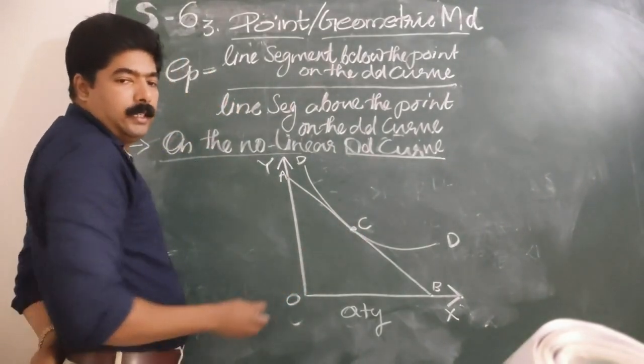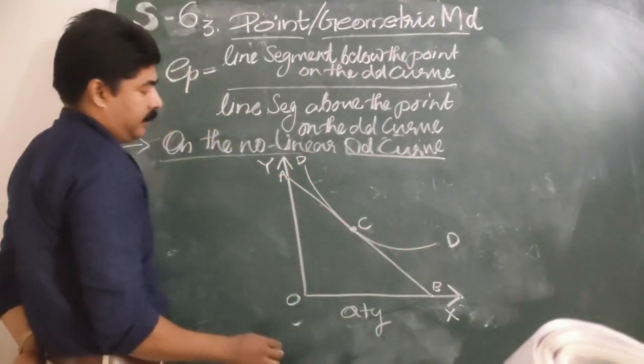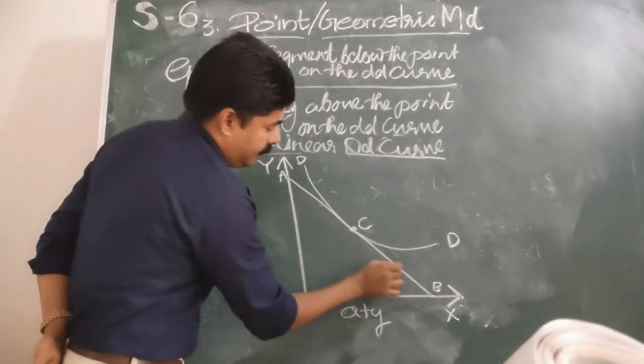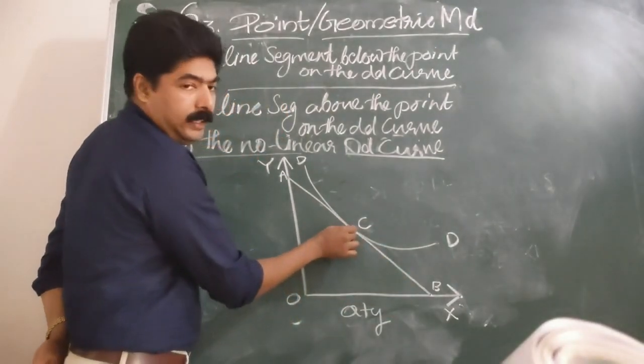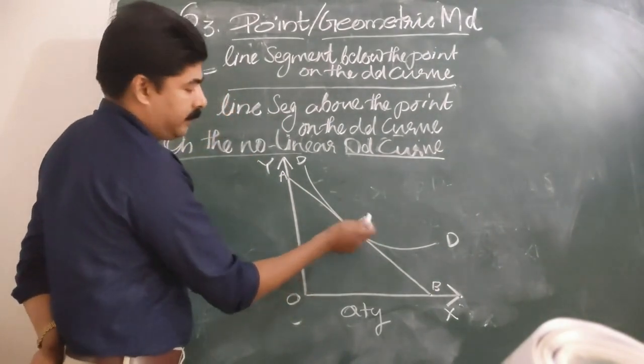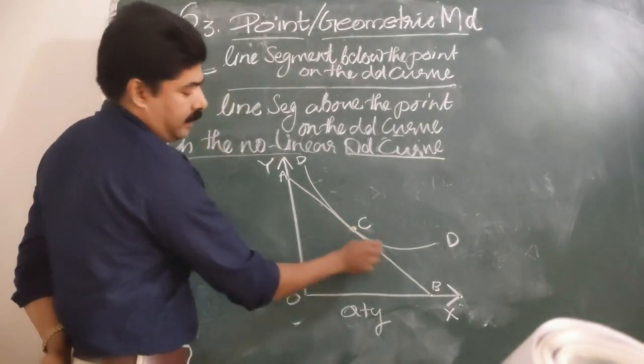Now look at this point C. The demand curve is this non-linear demand curve, and we have to draw a line tangent to this particular point on the demand curve, wherever it is. As it is in the center, I have easily touched that tangent and drawn it.